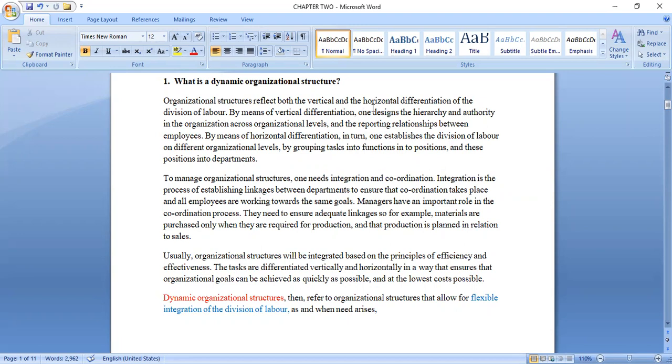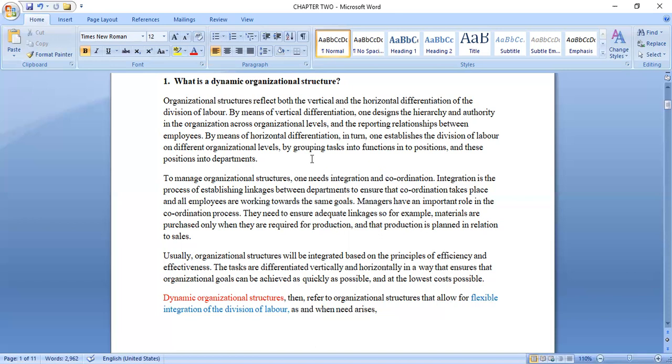Then horizontal differentiation. This one basically involves categorizing tasks into functions, and then those functions are grouped into positions that are later on also categorized further into departments. So with the vertical, we are looking at a hierarchy and authority among different levels in an organization, right?